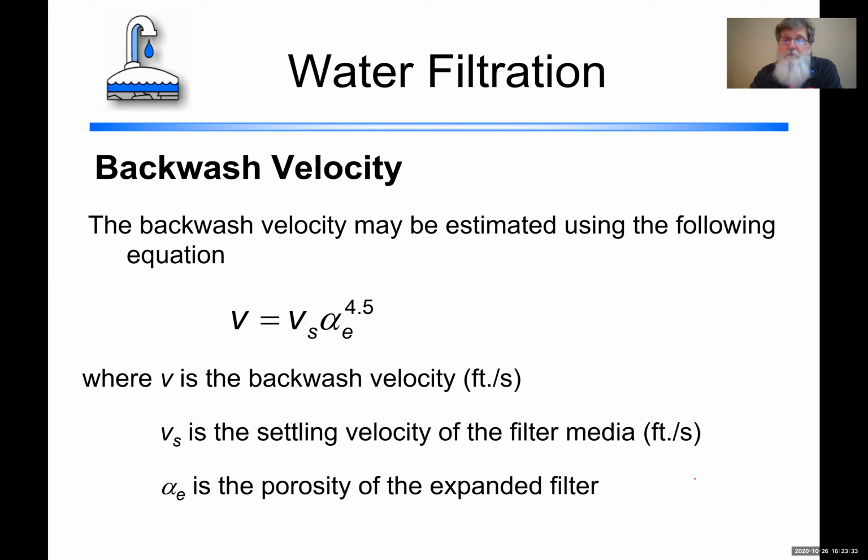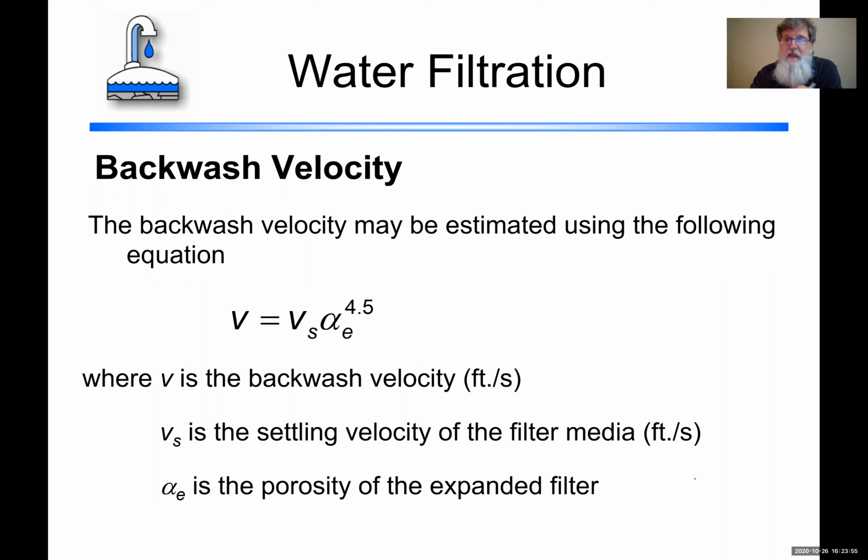Water couldn't flow through it. So porosities may naturally occur somewhere around 0.3, maybe 0.25, somewhere in that range. And that tells you about 25 to 30% of the space inside the filter is open, void. And that's where water could pass through. And that's also where suspended material could accumulate.